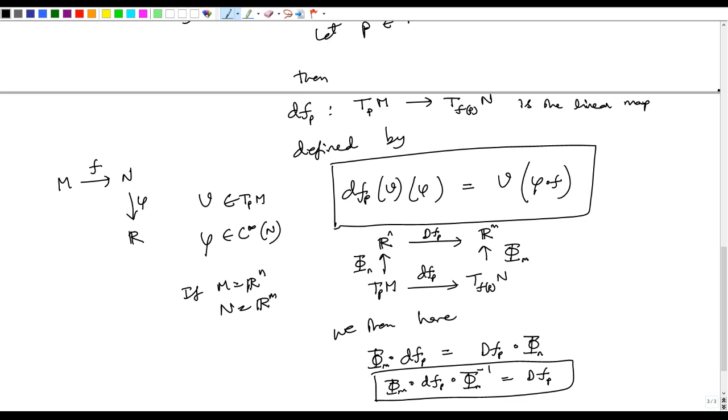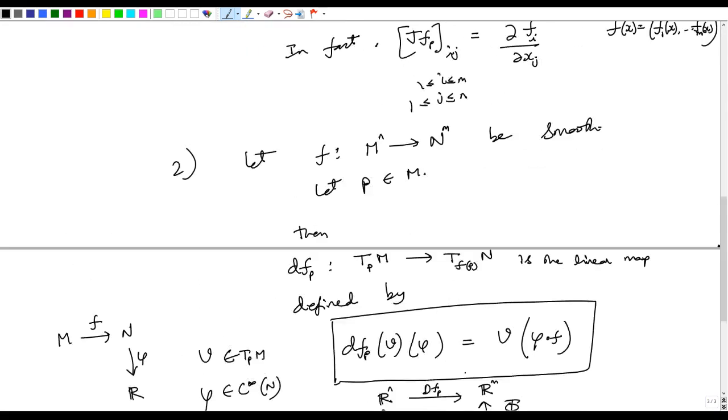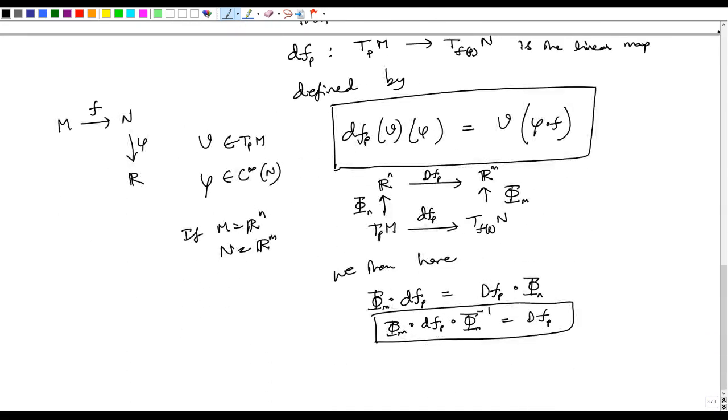And so we did this, and I repeat that the key point for proving this last equation was the fact that the tangent space to Rn or Rm can be identified with Rn or Rm via this capital Pn, natural map.